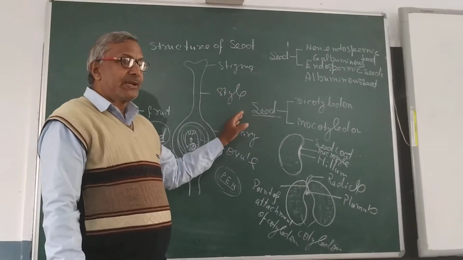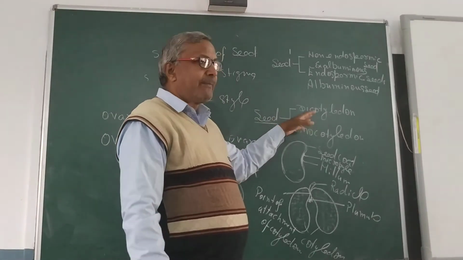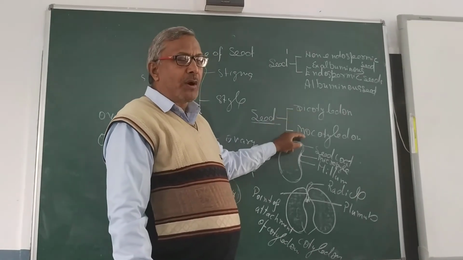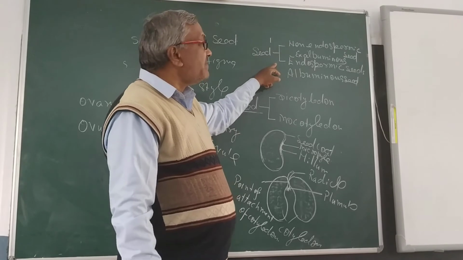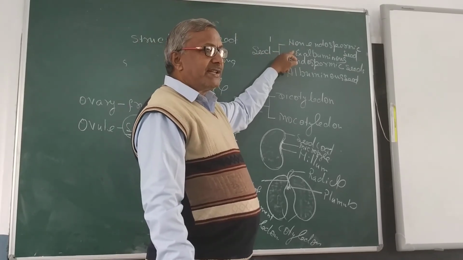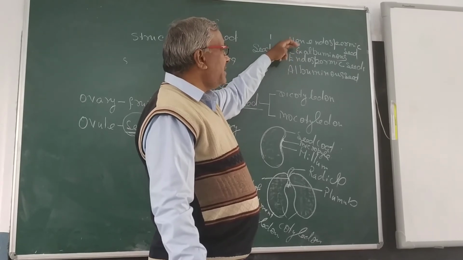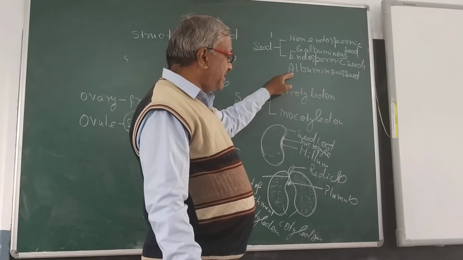I told seeds are two types. In the classification of seeds, on the basis of number of cotyledons, seeds are two types: dicotyledonous seed and monocotyledonous seed. On the basis of endosperm, seeds are two types: non-endospermic seed and endospermic seed. Other name of non-endospermic is exalbuminous, endospermic is albuminous seeds.